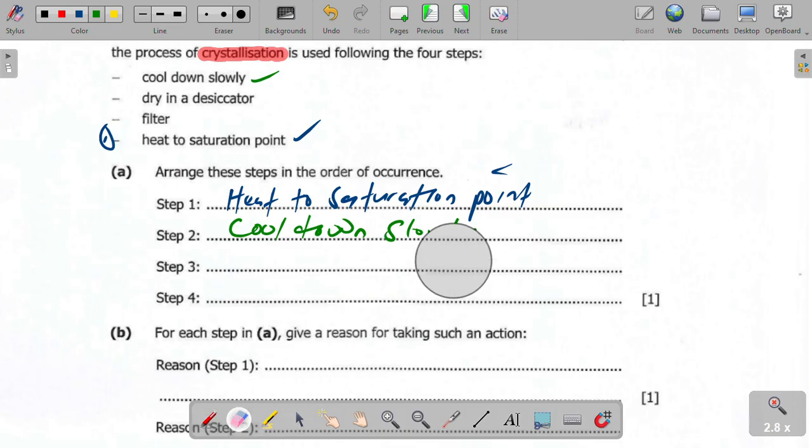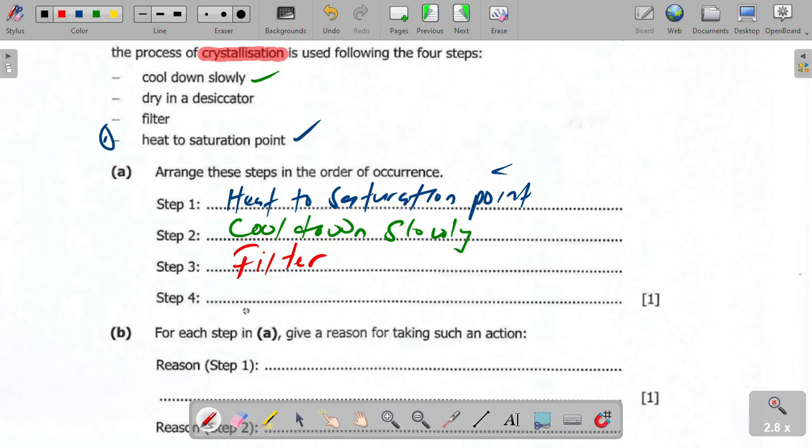This is the second step, cool down slowly. The third step is filter.